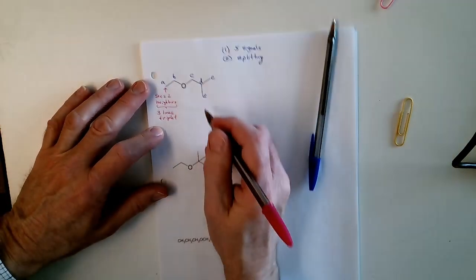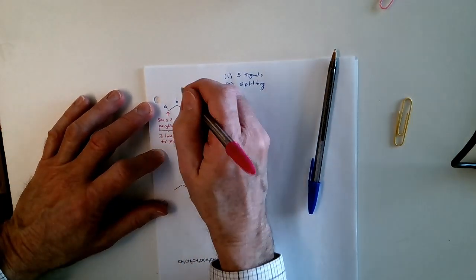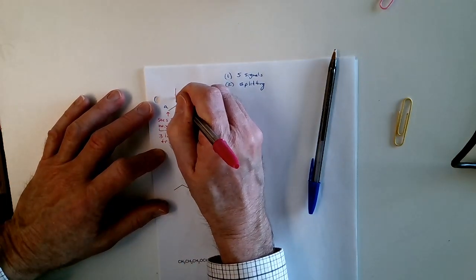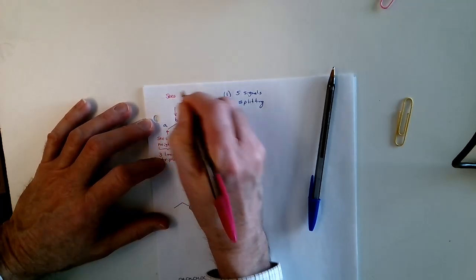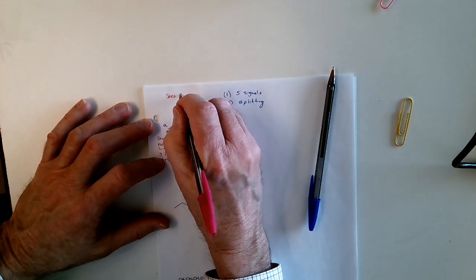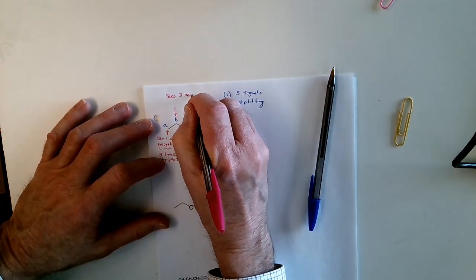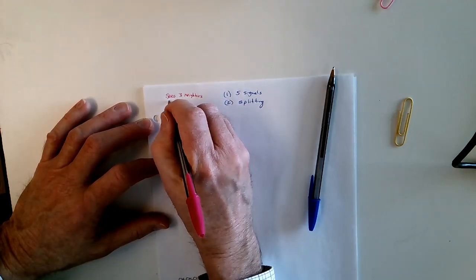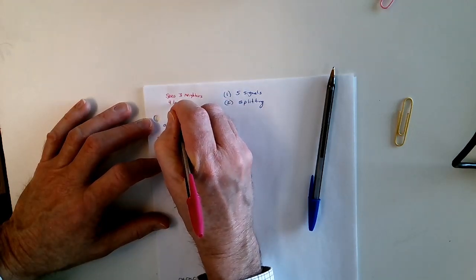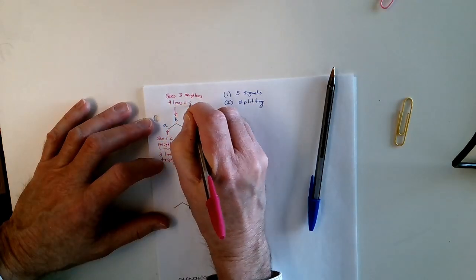Okay, I may have to alternate in order to have enough room on this thing. This one, B, that one sees 3 neighbors. So you would expect that to be 4 lines, which equals a quartet.